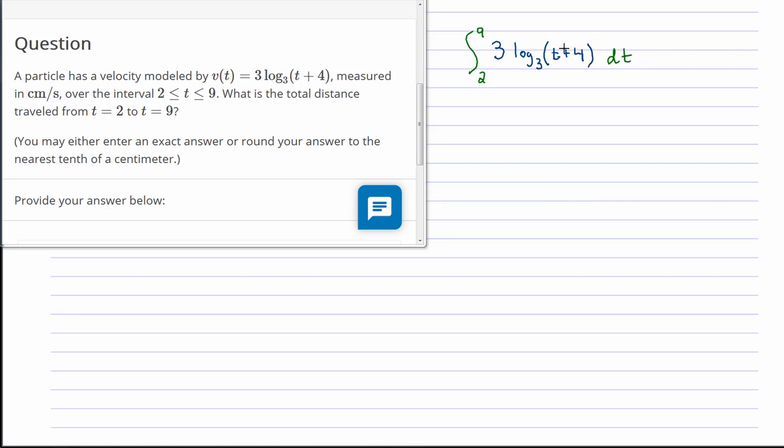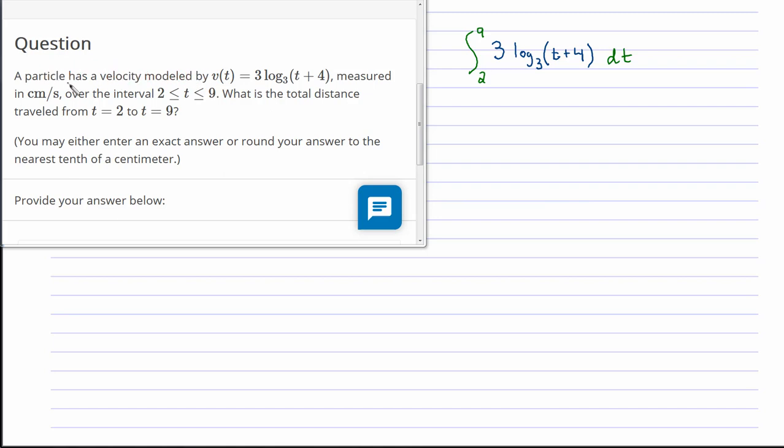But there is a catch. You have to be a little bit careful. I'm lying to you a little bit here. Wait, I'm not lying. I guess I haven't lied to you yet. The net change theorem says that this integral is going to tell us the net change in position for this particle that's moving around.